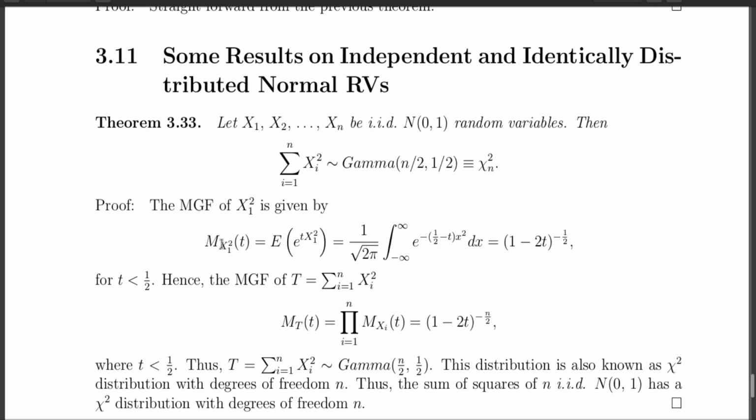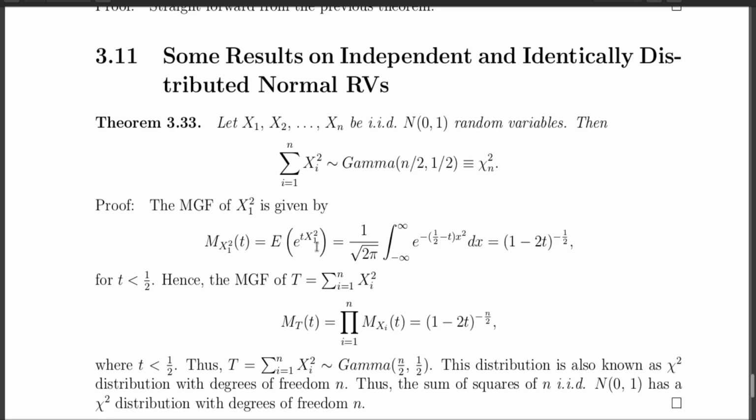The moment generating function of xi square at the point t, by definition, is this expectation, and I know that xi has a standard normal distribution. So using the density function of the standard normal distribution, that can be written in this integration form. Now you can take x square equals z, just make the transformation, and you can transform it into a beta integral.